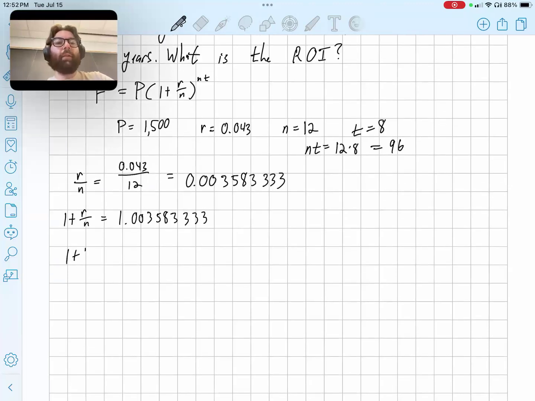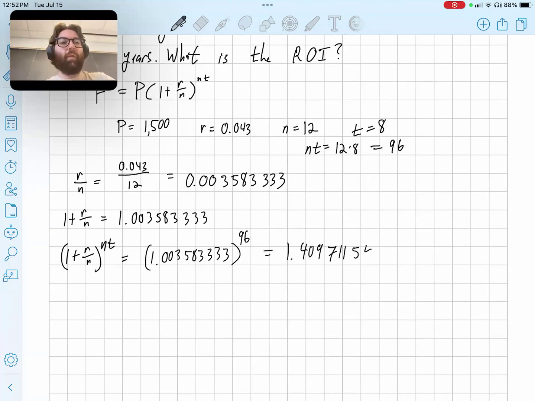Then 1 plus R over N to the NT is 1.003583333 to the 96th power, which is about 1.409711542.